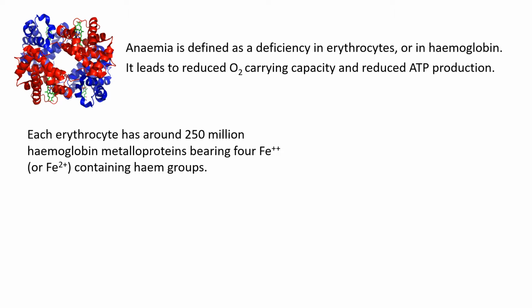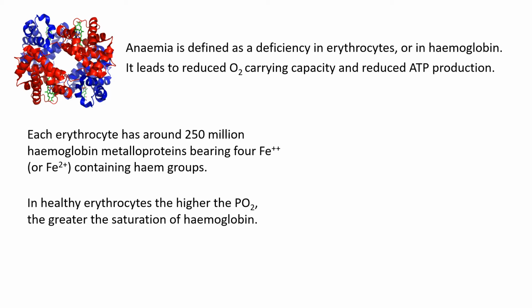Each one of those Fe2+ ions will bind one molecule of oxygen. So therefore, we can say that each hemoglobin metalloprotein has the ability to bind 4 molecules of O2 at full capacity.